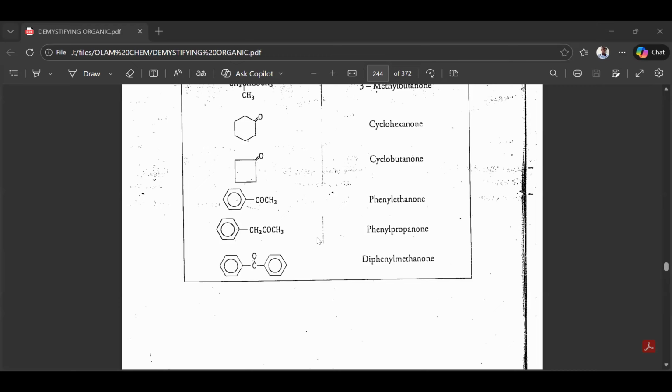Another one. So this one was phenylpropanol.